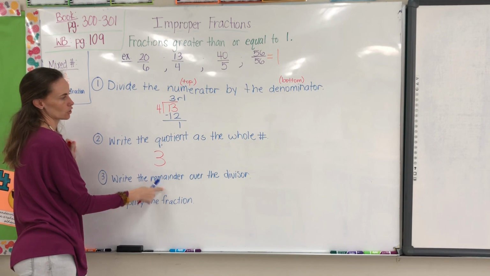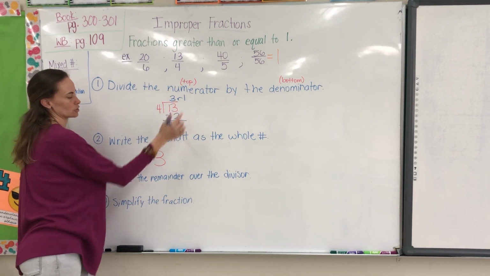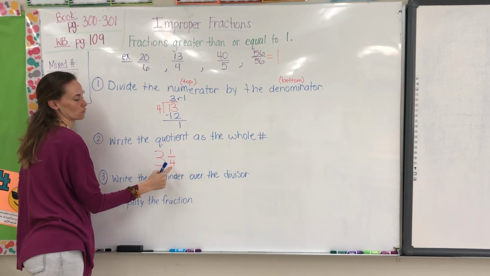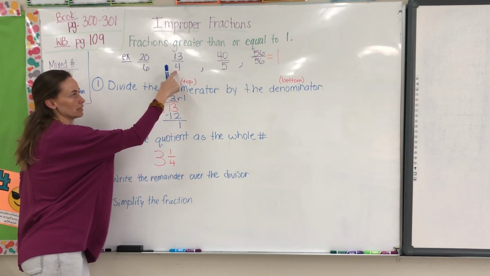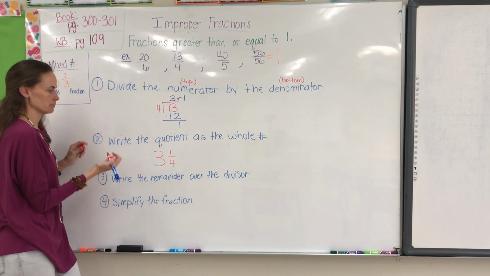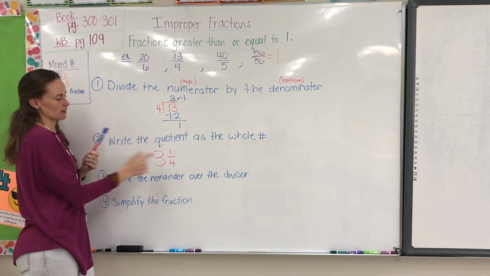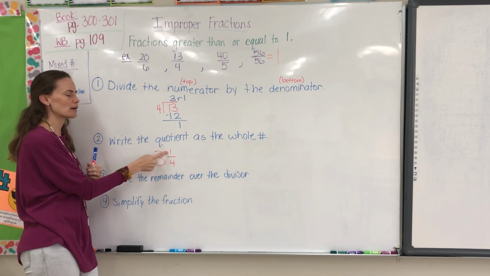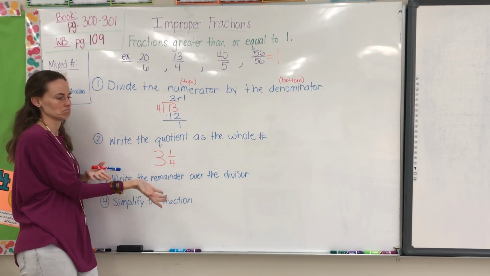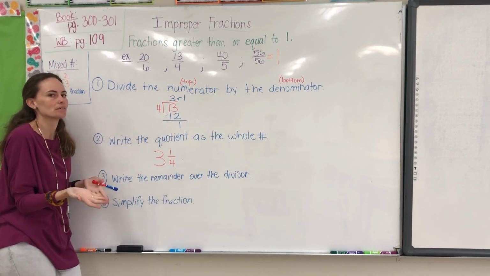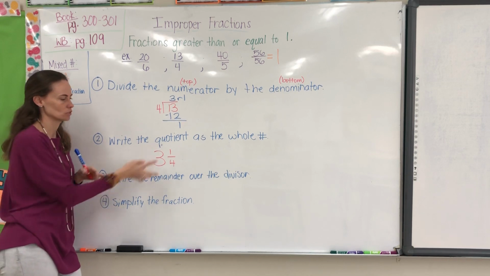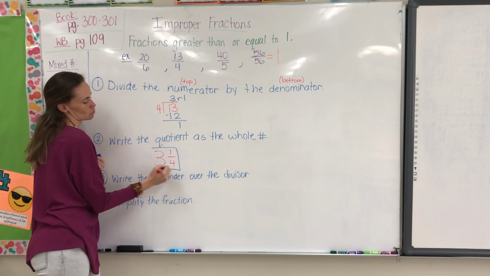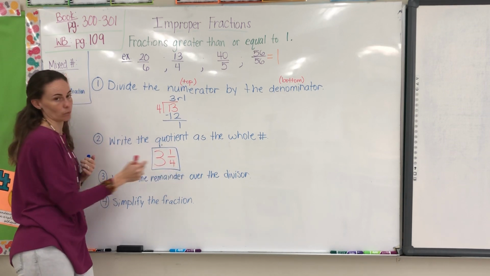The remainder over the divisor, so our remainder is 1 over our divisor, which is 4. Again, the denominator here and the denominator here are the same. Now, can we simplify 1/4? No, it's already simplified. Whenever you have 1 as the numerator, that's it, because 1 only has a factor of 1, so you can't divide it by anything else. So our final answer would be 3 1/4.